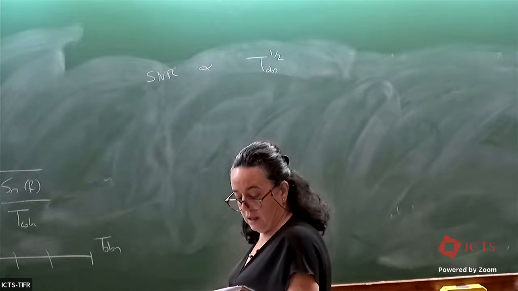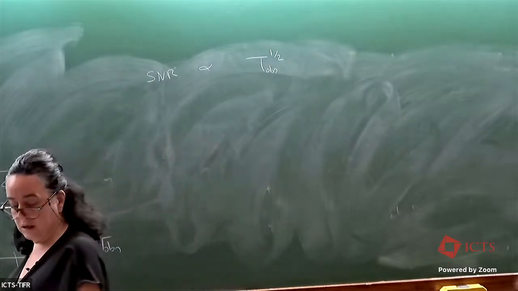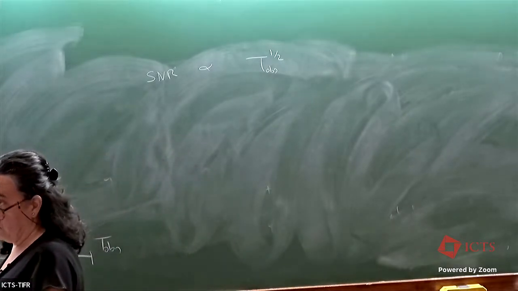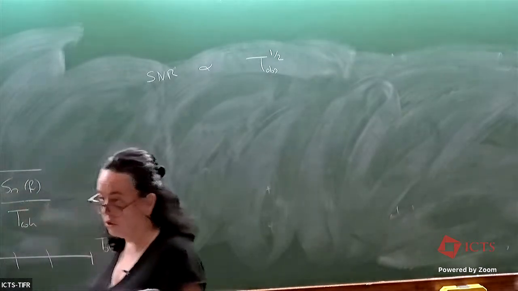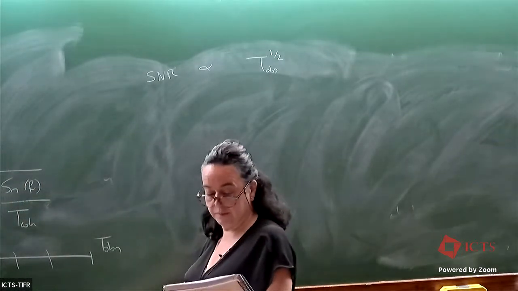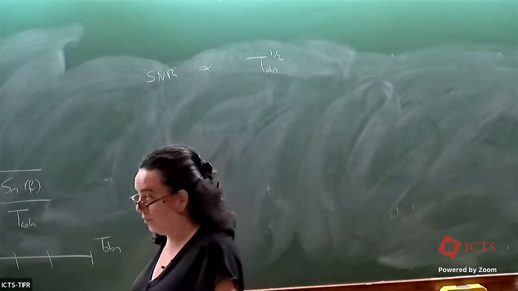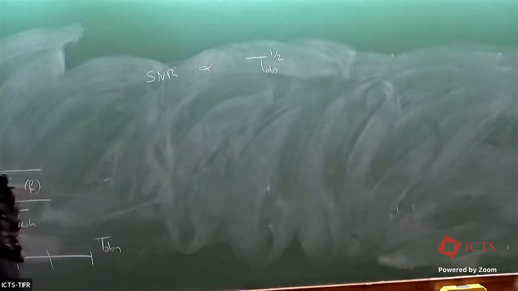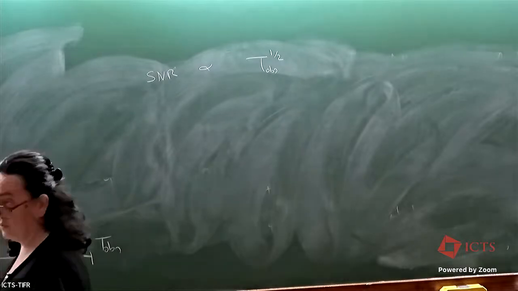Now, if I don't know all the parameters, it means I will have to repeat the search for all possible values of the parameters. And that's a problem. For example, if I jump to the direct searches in which I know the location in the sky, but I don't know the frequency.